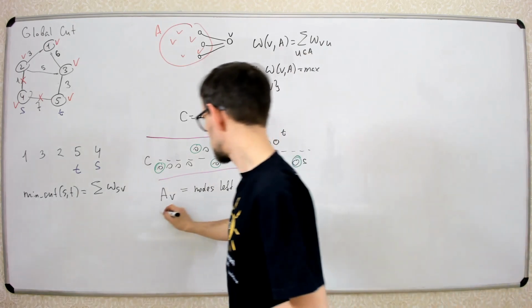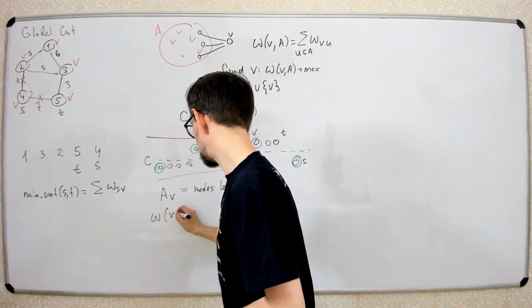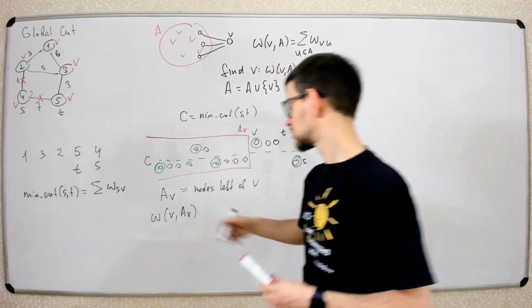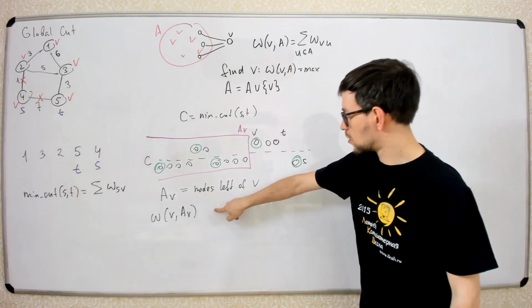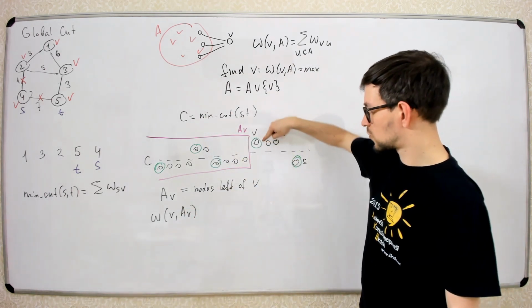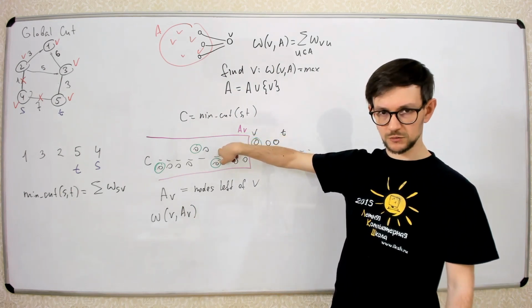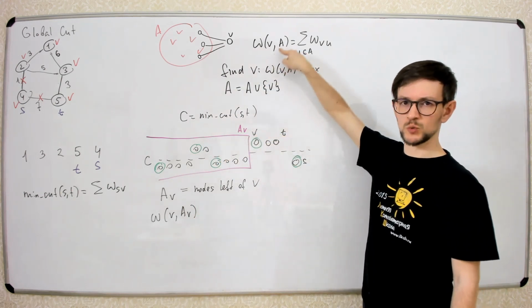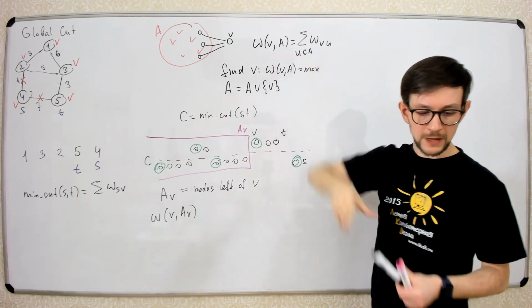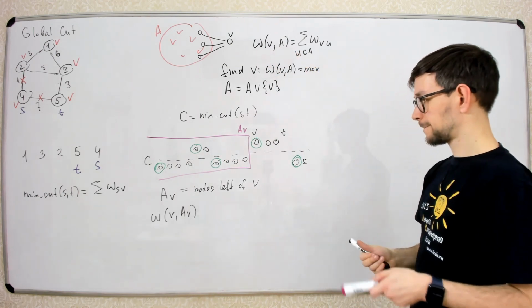Now let's look at the value of W from V to AV. It is the sum of weights of all edges from this node V to all previous nodes, like the same sum which we minimize here.